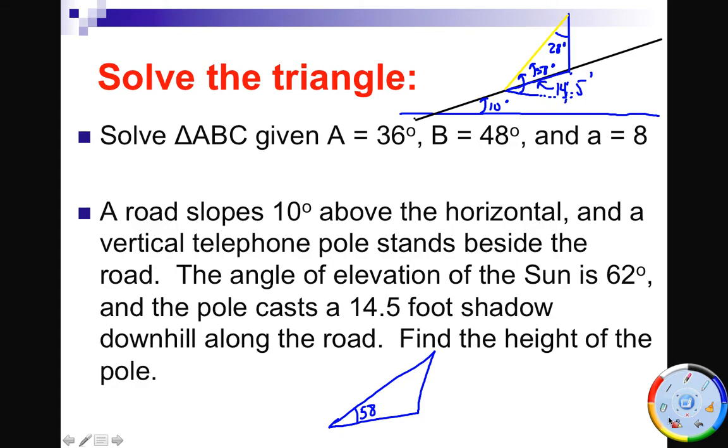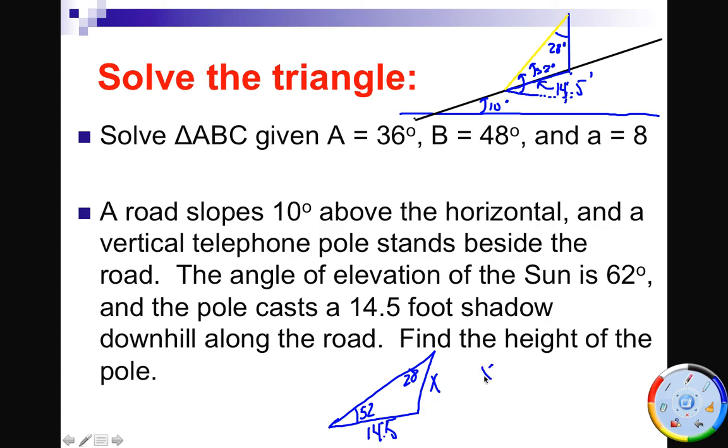Gosh darn it. 62 minus 10 is not 58. Okay, 52. This is 28. And this is 14.5. And look at that. We have angle, angle, side, which means technically we have enough information to solve for the height of the pole.